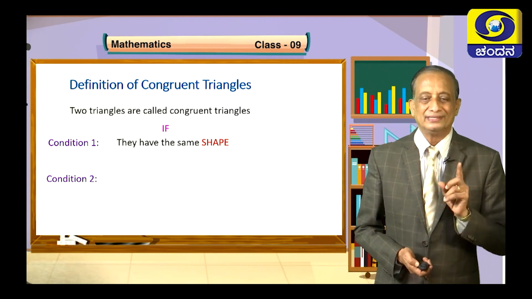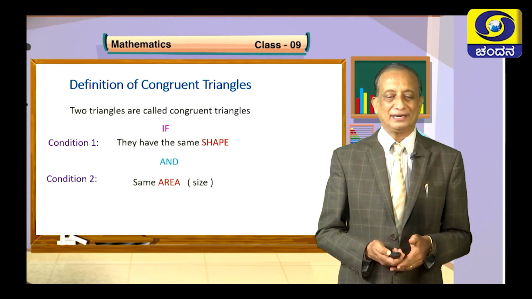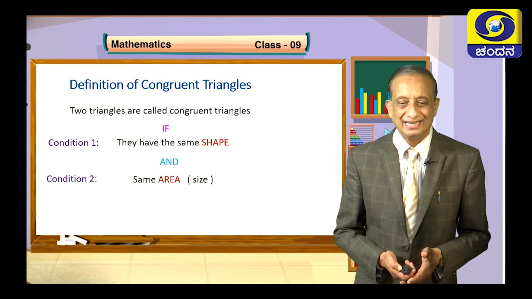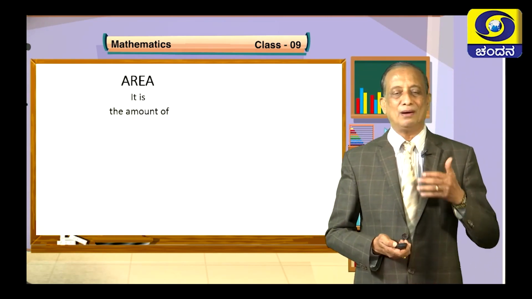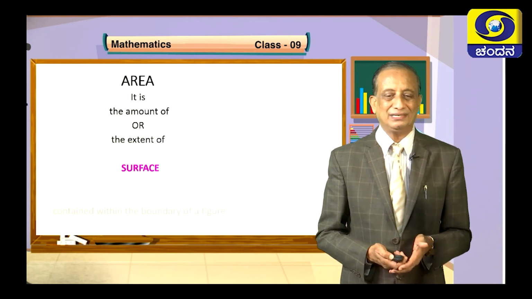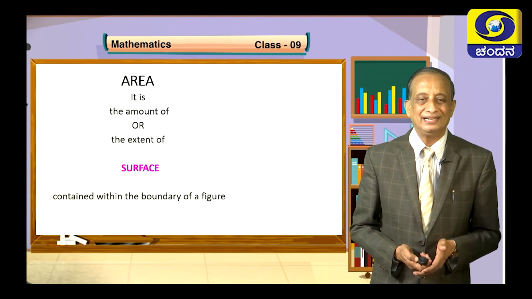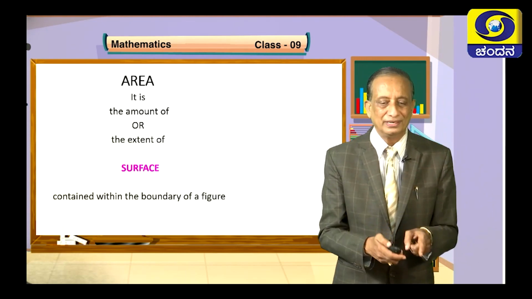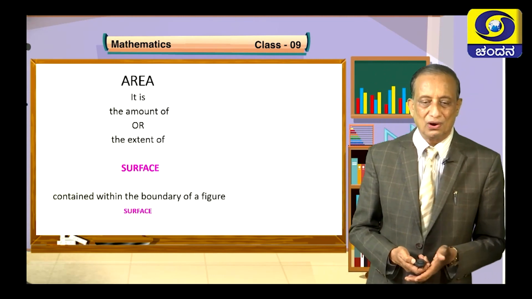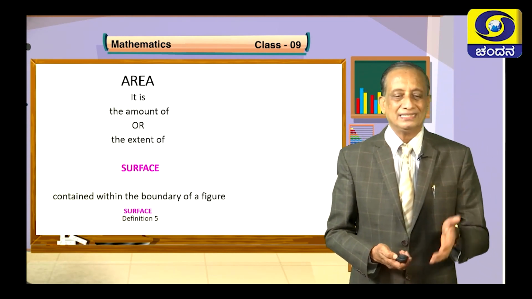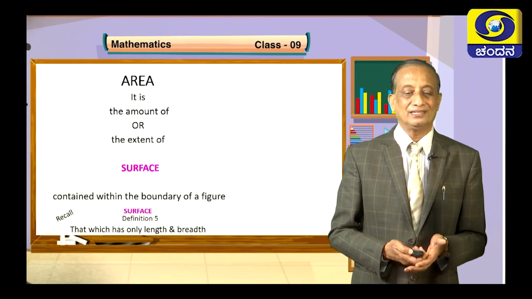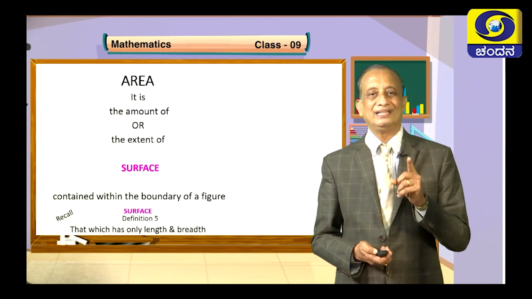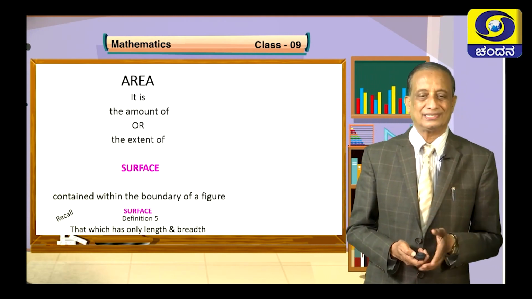Condition number 1, they must have the same shape, and condition number 2, they must have the same area. Area is the amount or the extent of surface contained within the boundary of a figure, and you already know what is meant by a surface. This is in fact definition 5. Can you please recall it, friends? That which has only length and breadth is called a surface.